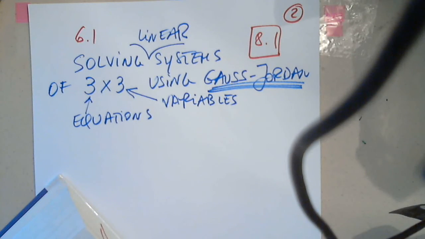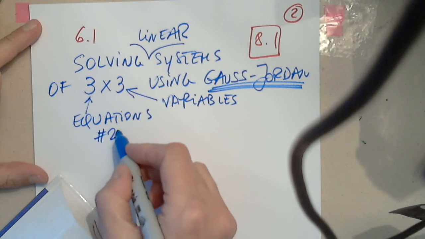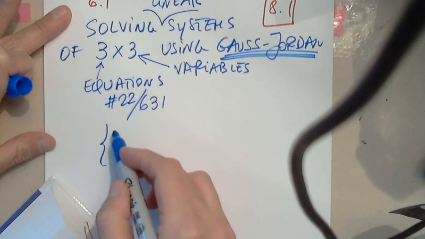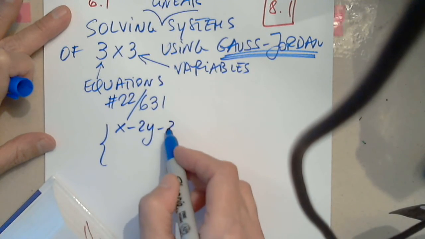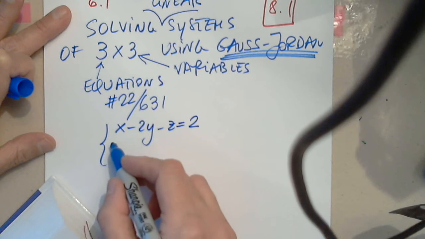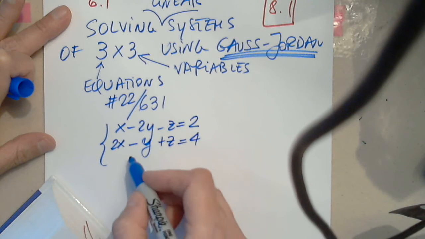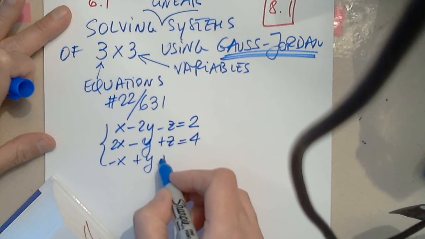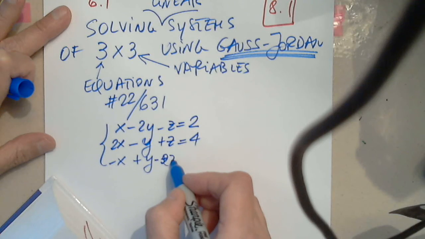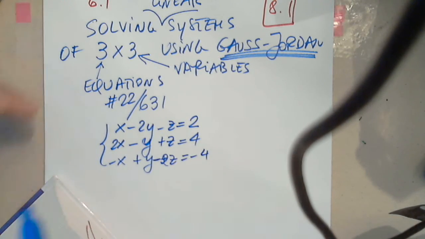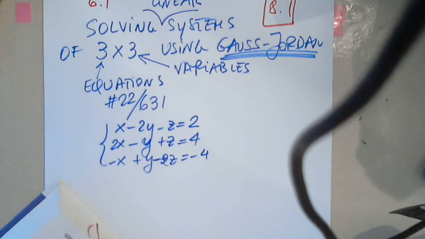So on page 631, I like to start with 22. x minus 2y minus z equals 2. 2x minus y plus z equals 4. Negative x plus y, minus 2z equals negative 4.